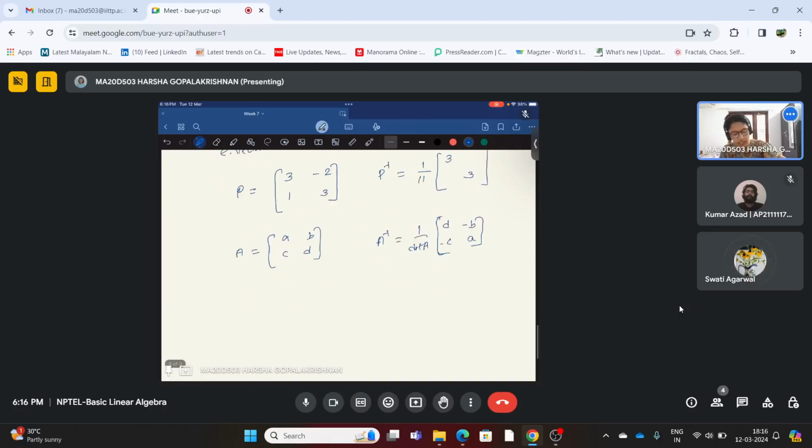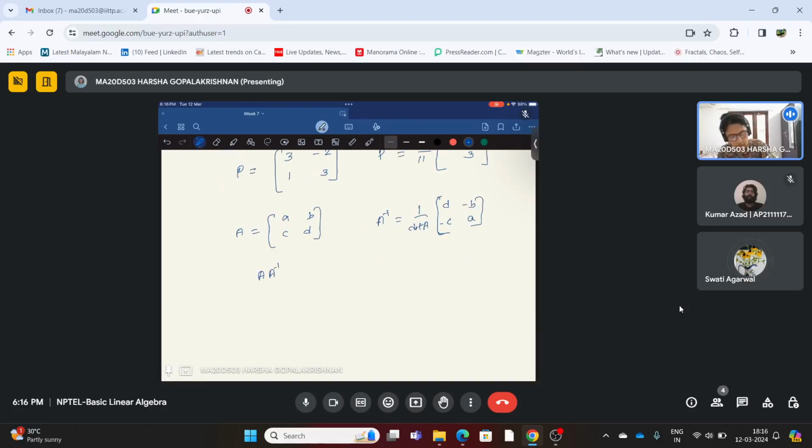Okay, we can just check what is A inverse now. 1 by, what is the determinant of A here? AD minus BC, correct? Yeah, 1 by determinant of A. Now we are multiplying A into A inverse. AD minus BC is the first term, and the second term is minus BA plus BA.